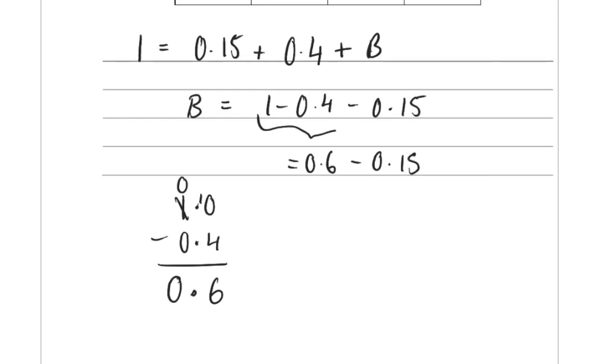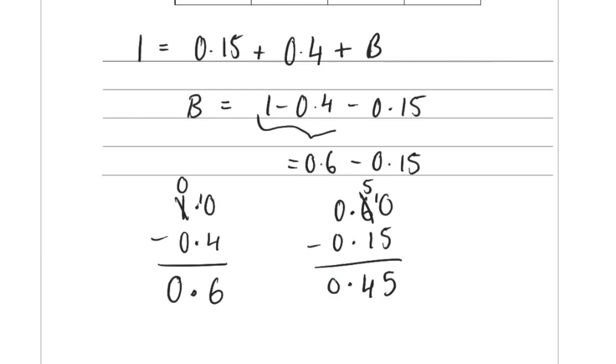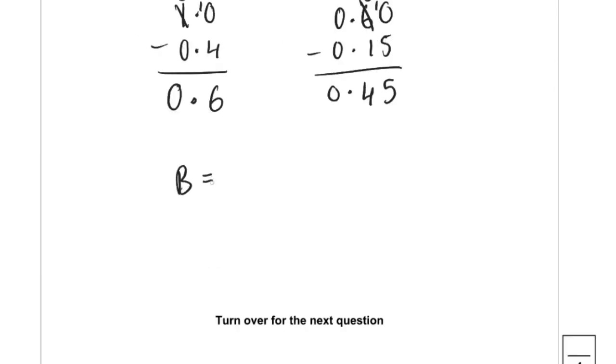We still have to do minus 0.15, so let's do 0.6 minus 0.15. Again, we've got 0 minus 5, we can't do that, so let's take 1 from the 6. So we've got 10 minus 5, which is going to give us 5, and then we've got 5 minus 1, which is going to give us 4. 0 minus 0 is going to give us 0. So the probability of receiving a blue counter is going to be 0.45.